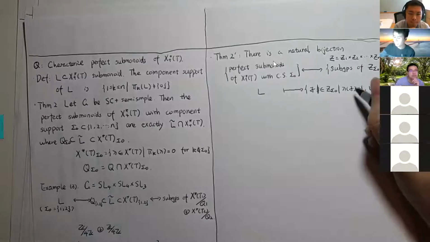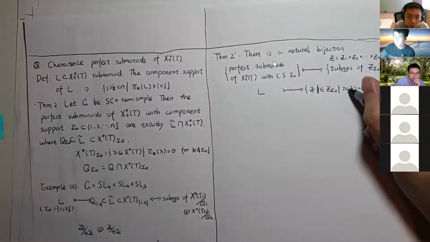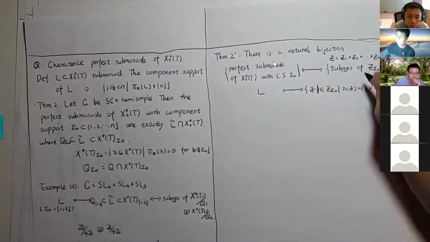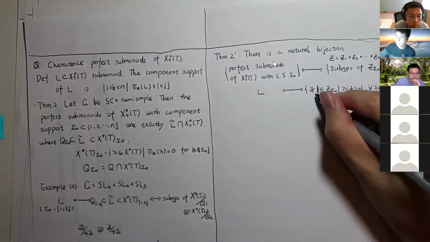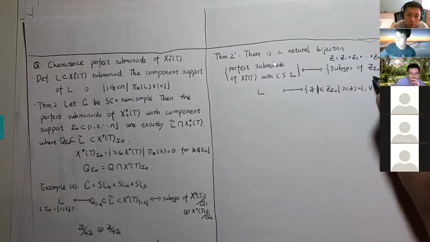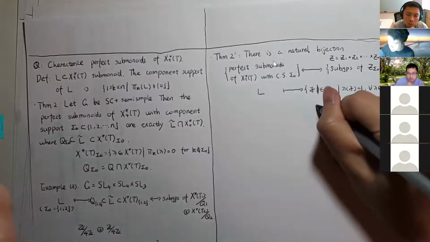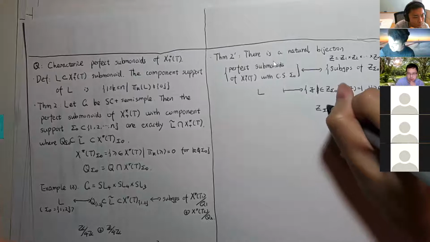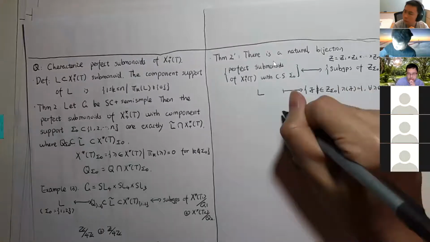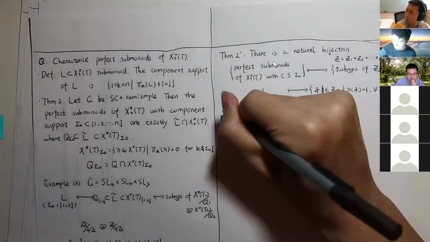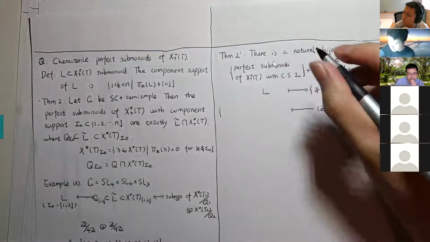So you use this central character, and this is just something like the vanishing subset of this subgroup. And if you have a subgroup here on the right-hand side, then you give this reformulation of the perfect submonoids.